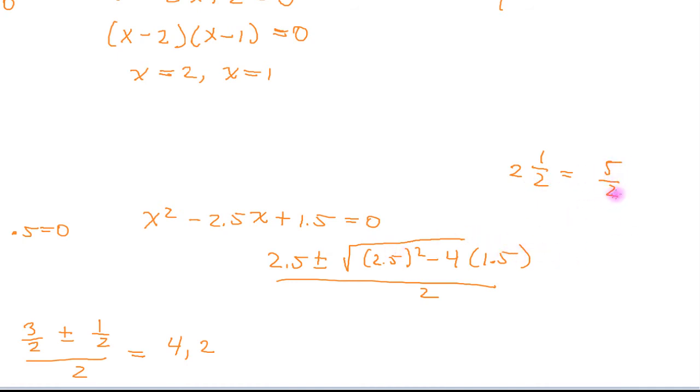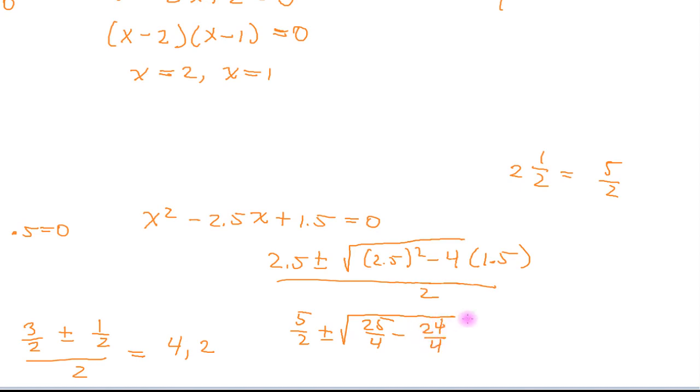So this becomes 5/2 plus or minus the square root. 5/2 squared is 25/4 minus 4 times 3/2 is 12. Wait, no, sorry. 3/2 times 4 is not 12. 3/2 times 4 is 6.